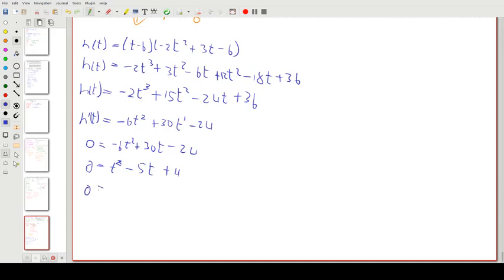Okay, we can factorize that, gives us t minus 4 and t minus 1. So that gives us that either t minus 4 equals 0, which gives us t equals 4, or t minus 1 equals 0, which gives us t equals 1. Okay, so those are two options.